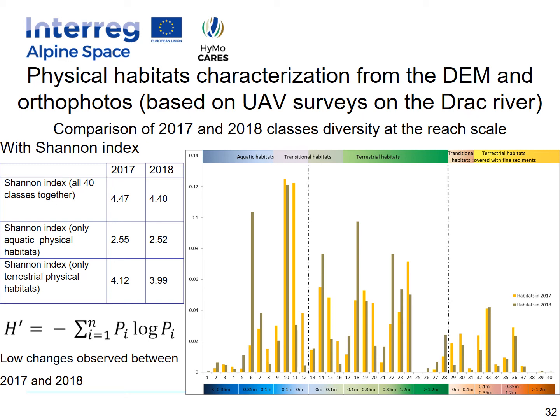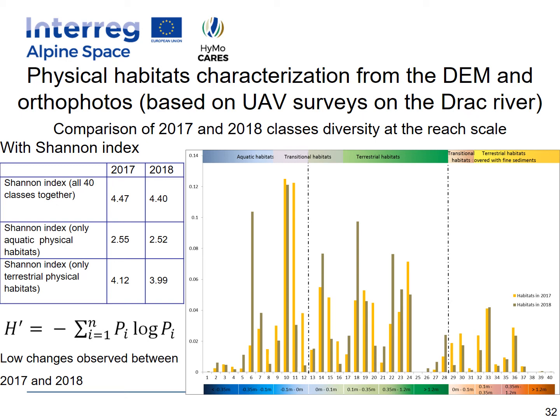The proportion of transitional habitats decreased between 2017 and 2018, associated with the simplification of the braiding pattern. The number of channels decreased, some channels incised and some terrestrialized.